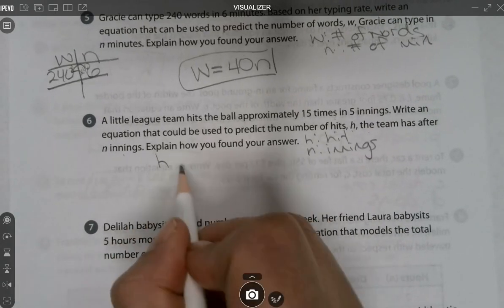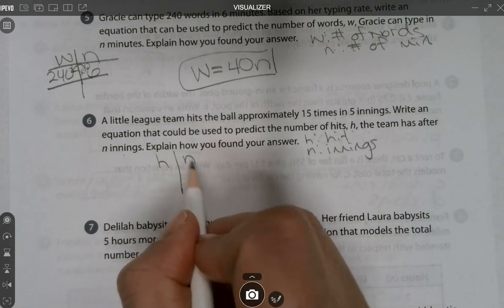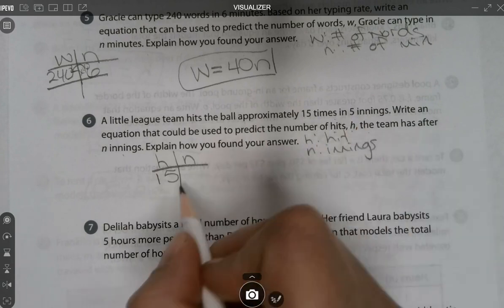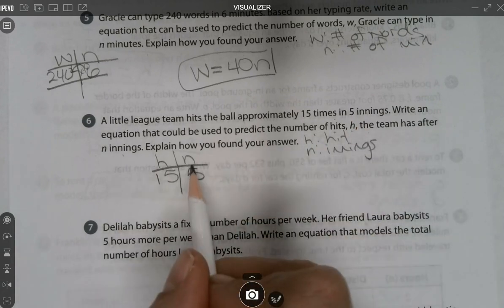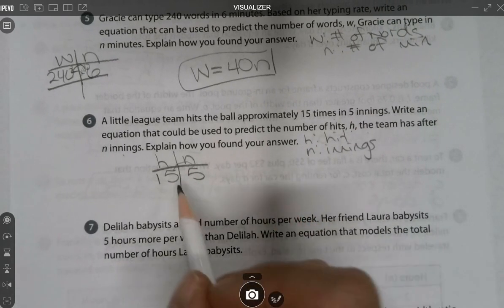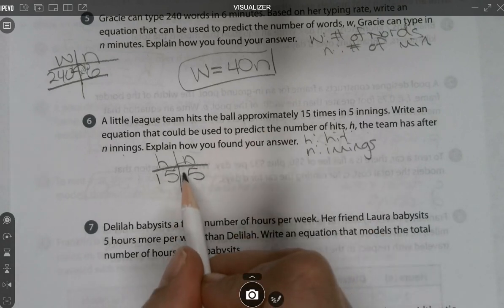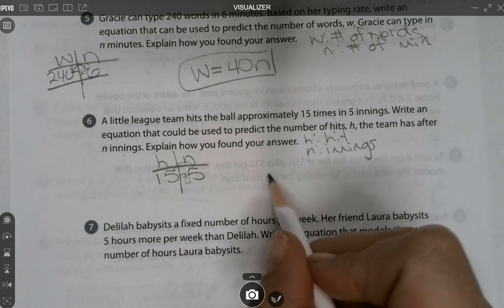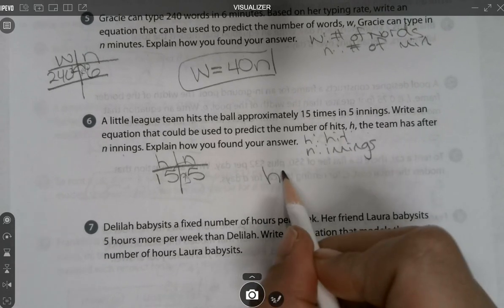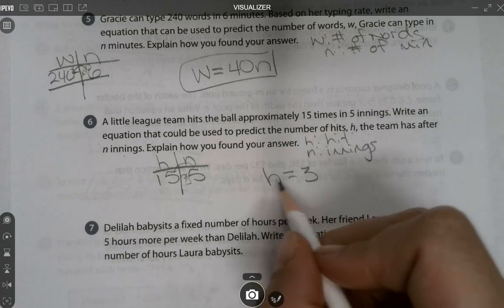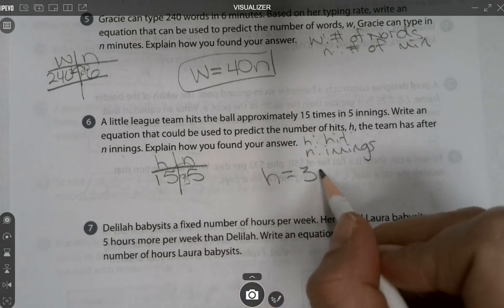If I do a little table, hits to innings, and I show it's 15 to 5. How did I turn my 5 into 15? I multiplied it by 3. So when I write H for my answer, I'm going to have 3 times whatever n is.